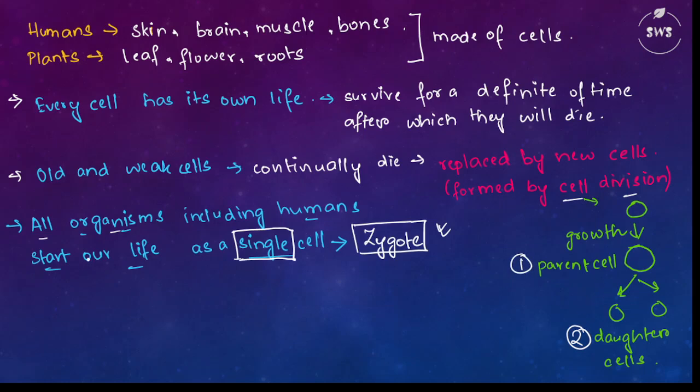But in this particular context, when I say all organisms including human beings, I'm talking about multicellular organisms which are capable of undergoing sexual reproduction. I'll also write this point: sexually reproducing organisms.